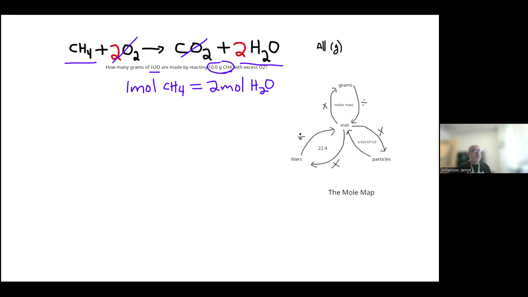Here I am at grams of methane, and to go to moles of methane, it says to divide by the molar mass. So I've got 10 grams of methane.